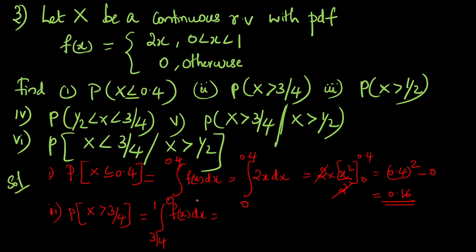And when x is greater than 3 by 4 and less than 1, the function takes the value 2x. Therefore, integral 3 by 4 to 1 2x dx. Take the integral and put the limits, and then it will be 2 into x square by 2 within the limits 3 by 4 to 1. That is 1 square minus 3 by 4 square.